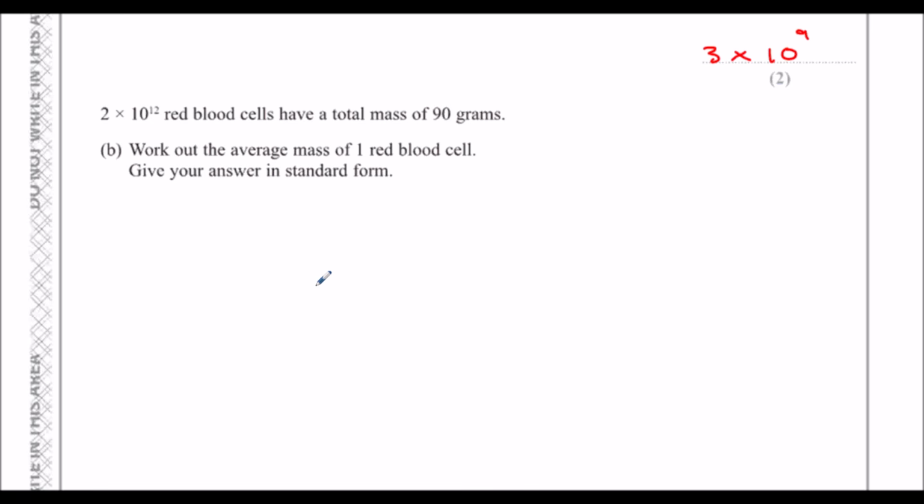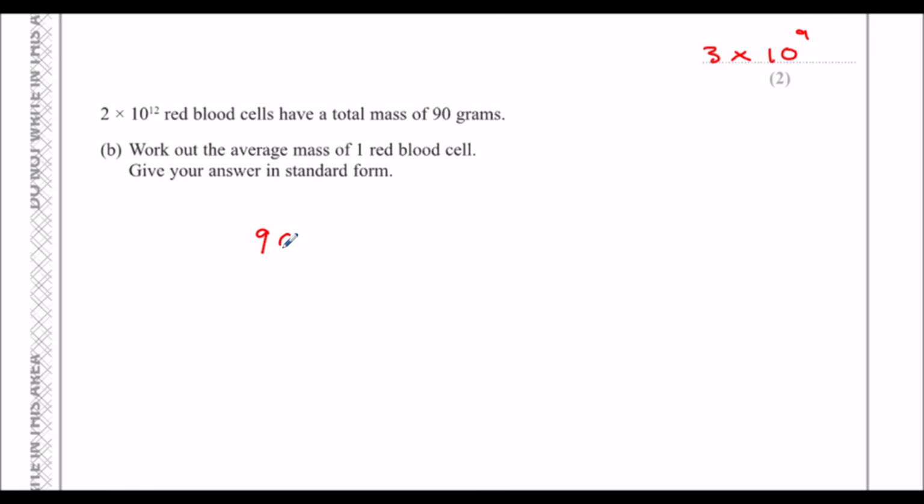2 times 10 to the power of 12 red blood cells have a mass of 90 grams. Work out the average mass of 1 blood cell. So 90 grams for 2 times 10 to the power of 12 blood cells. So for 1 blood cell, we need to divide by 2 times 10 to the power of 12.